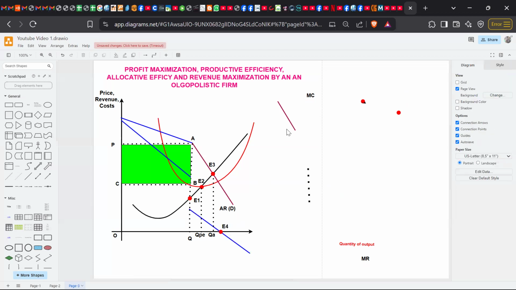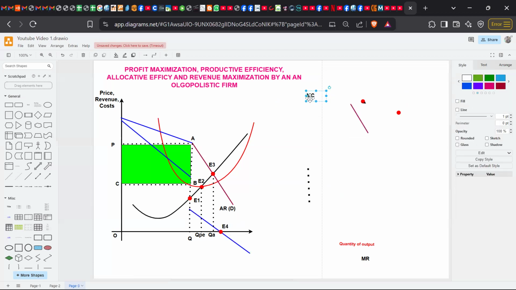So what we are concluding here is, of course, marginal cost is equal to marginal revenue. There is the marginal revenue, MC equal to MR happening at point E2, where the firm is maximizing profit.